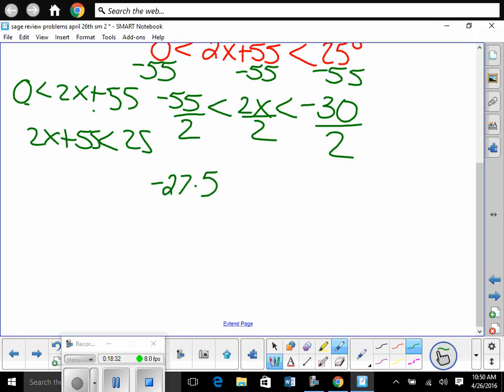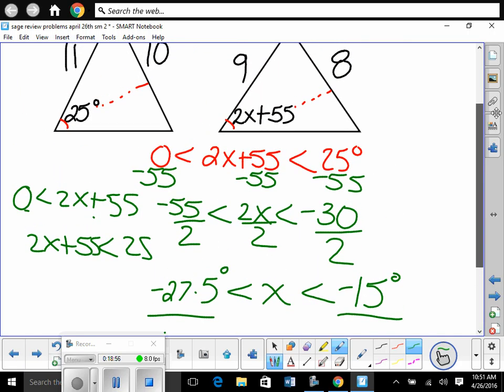Negative 27.5 is less than x, is less than negative 15. So x has to be between this value and this value. That's not the angle. So don't say, we can't have a negative angle. Was our angle x? No, our angle was 2x plus 55.